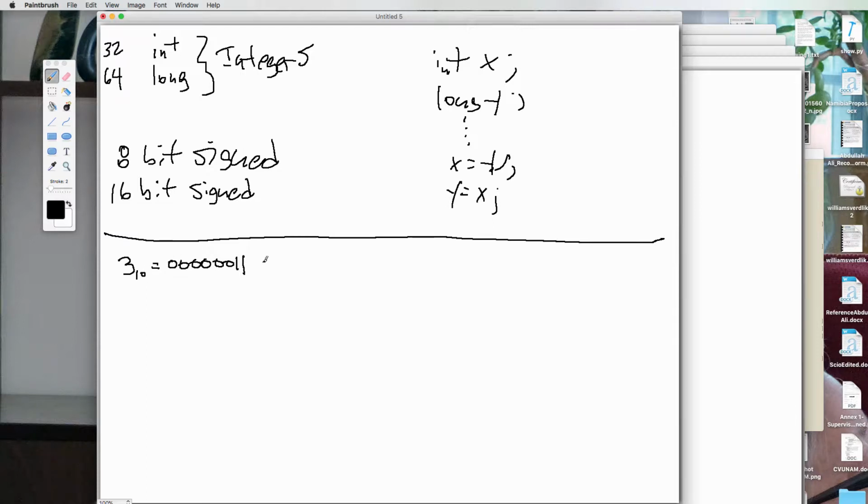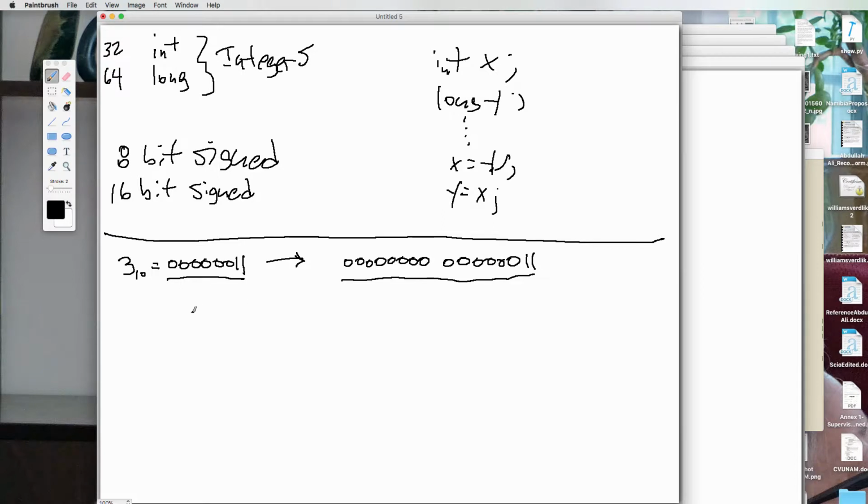To convert this into a 16-bit signed number is actually pretty simple. All I have to do is stick another 8 zeros in front of it. So in taking a positive 8-bit signed integer and converting it into a 16-bit signed integer, all I needed to do was tack a bunch of zeros on the front of it.